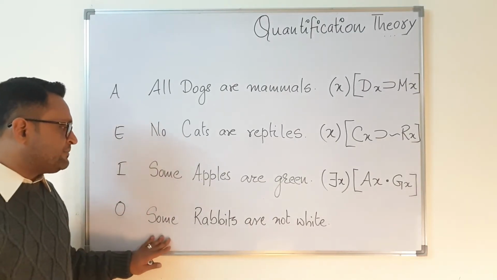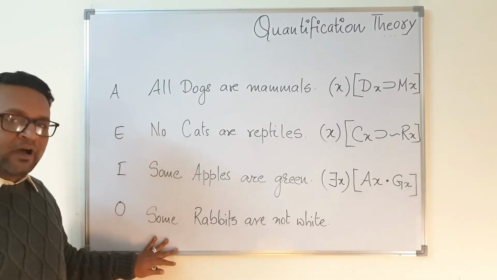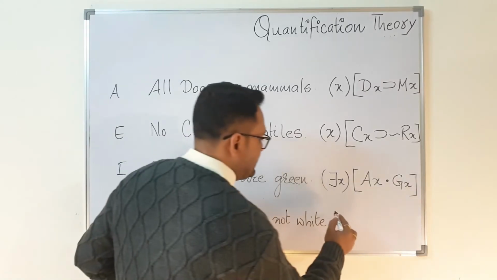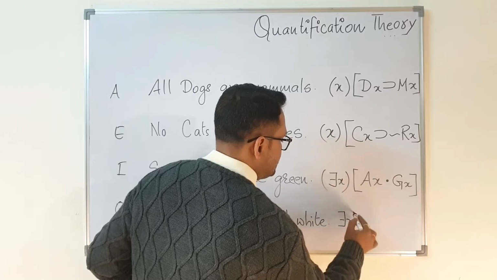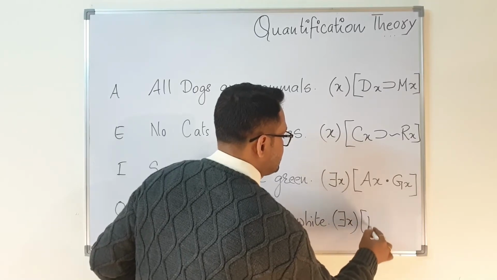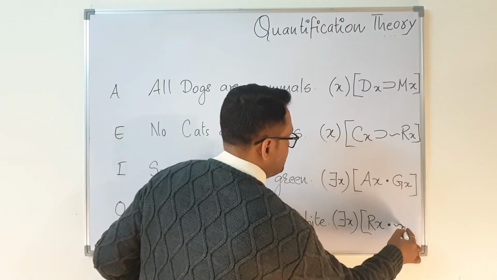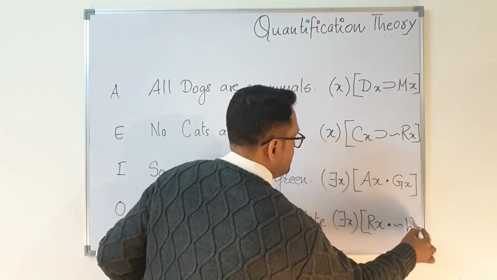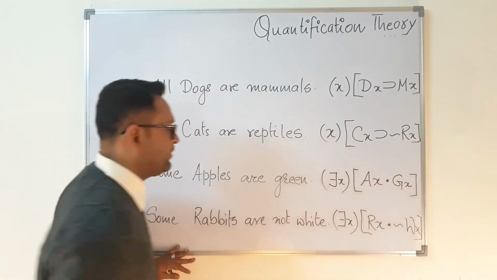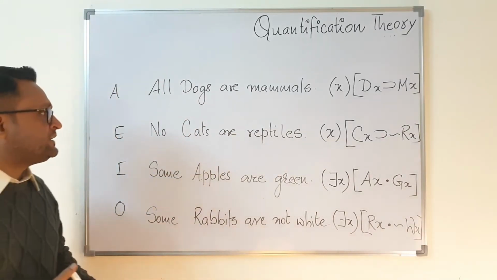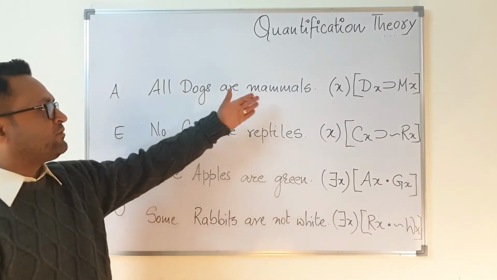And when we say some rabbits are not white, that is an O kind of proposition. So what we mean to say is that there exists X such that X is a rabbit and X is not white. Okay, so these are the four types of symbolization for four types of proposition.